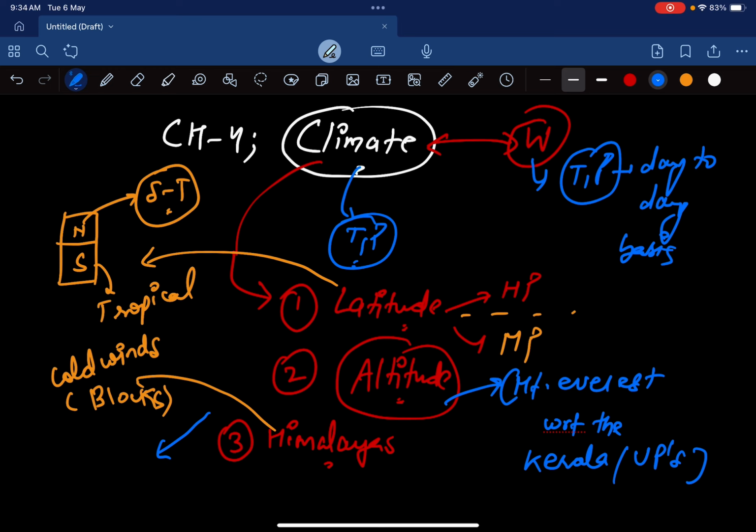So it retains the monsoon here. And we all know how the retreat of the monsoon starts. When the monsoon goes back, both the Bay of Bengal branch and the Arabian Sea branch get collected at the base of the Himalayas, or you can say the Punjab-Haryana region, and that's how the retreat of the monsoon starts. If there were no Himalayas, we would have less and less monsoon and rainfall.